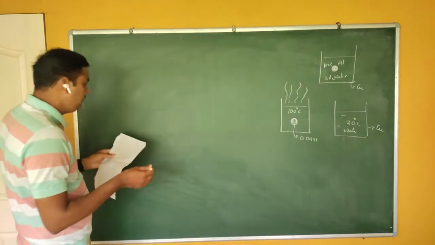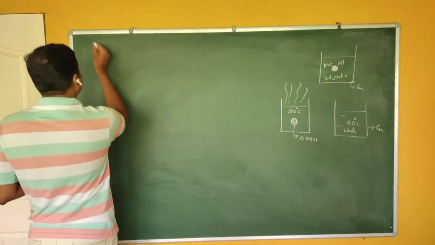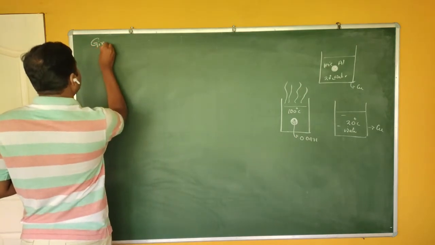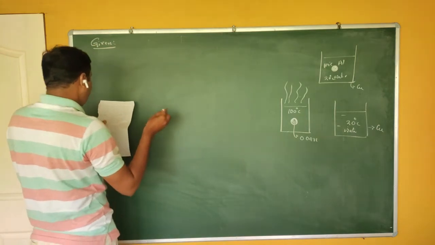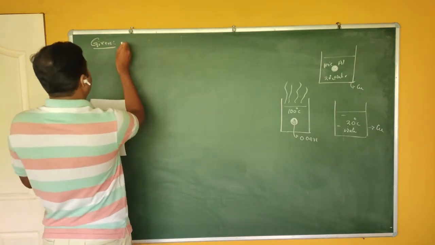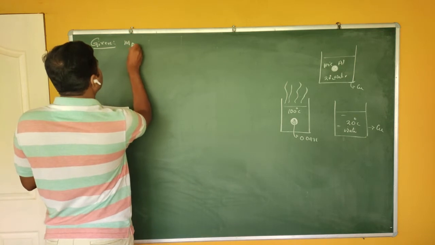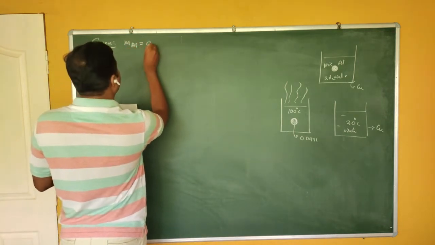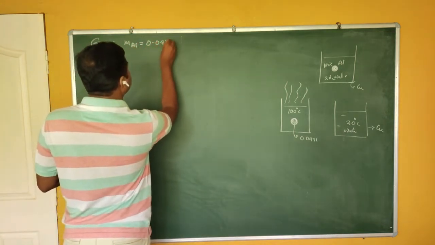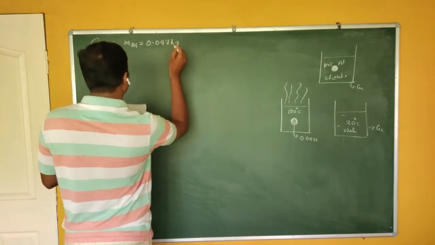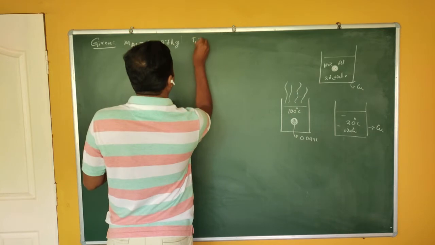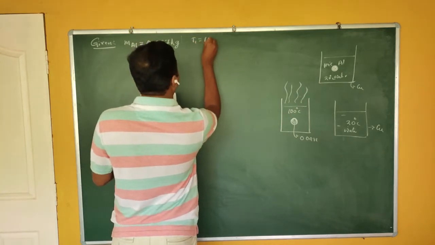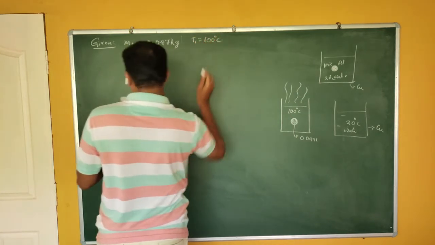So let me first write the data here. What is given here? Number one, the mass of the aluminum sphere is given, which is 0.047 kg. Its initial temperature is 100 degrees centigrade.